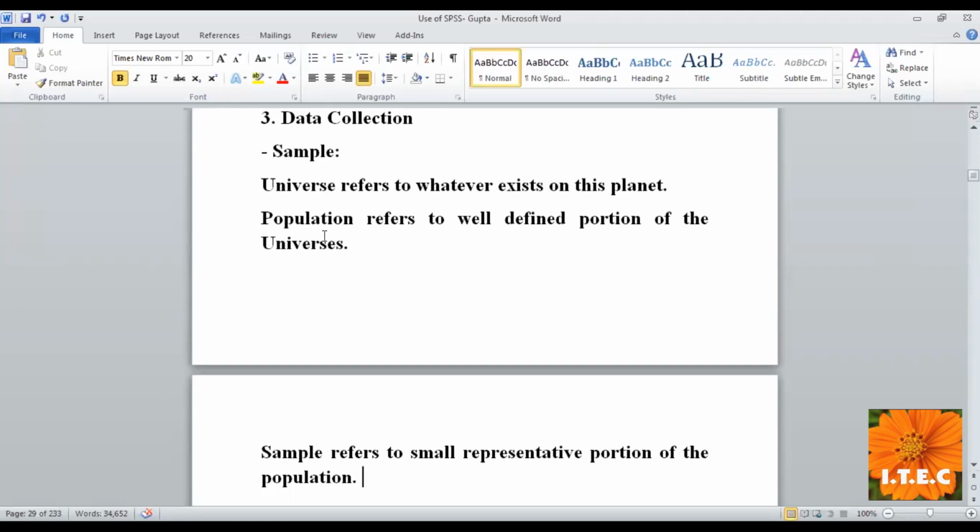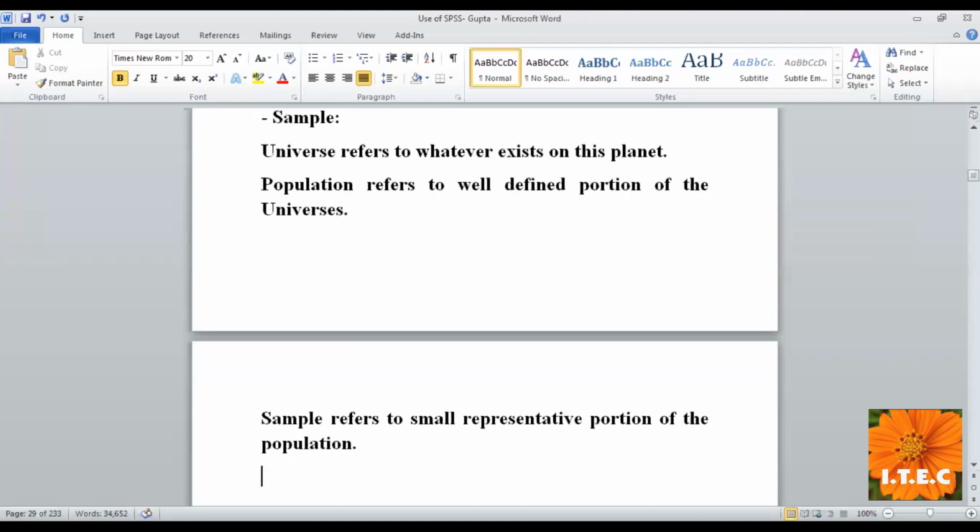Now, your population does not represent your universe, because the universe is heterogeneous and your population is homogeneous. If your population is not homogeneous, then the representation will be difficult. So this is the definition of universe, the population, and the sample.